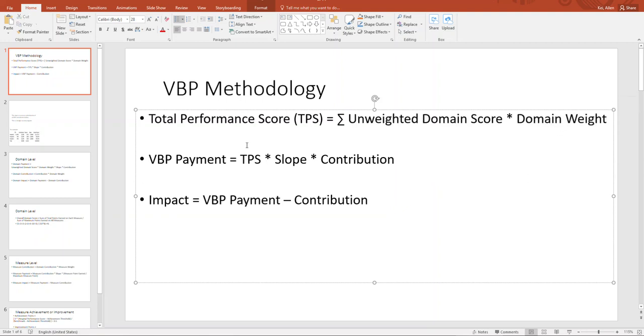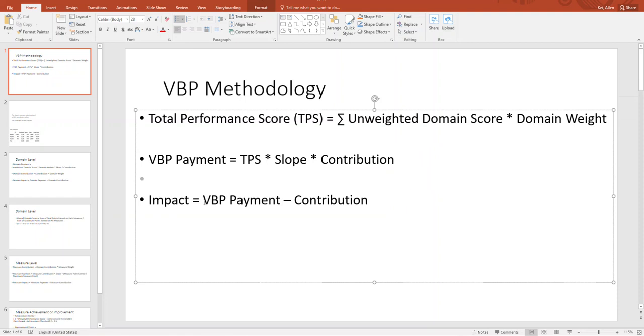You will also have a VBP payment. Your payment depends on the score that your hospital achieved, multiplied by the slope and then the contribution. The contribution is what your hospital contributes into the program, so basically what your hospital paid to this program.